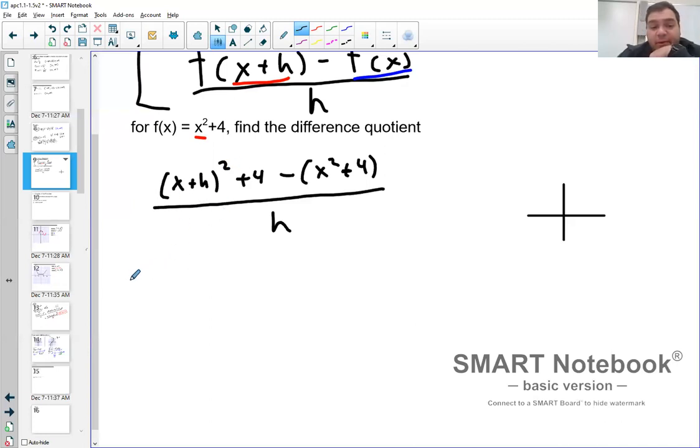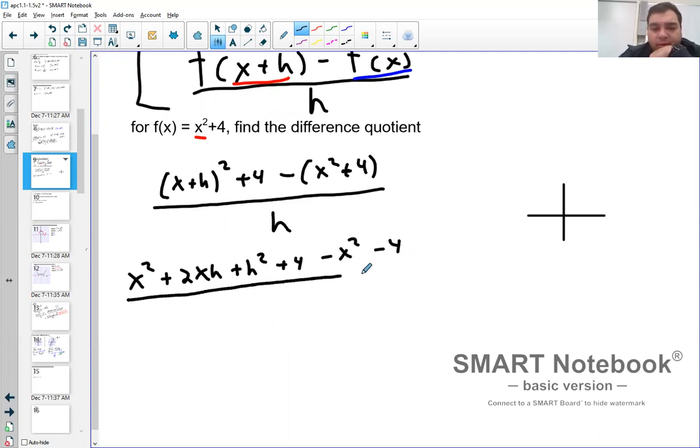All right, the top thing I'm going to FOIL: x squared plus 2xh plus h squared plus 4 minus x squared minus 4, all over h. Looks like we can see the x squares cancel out.